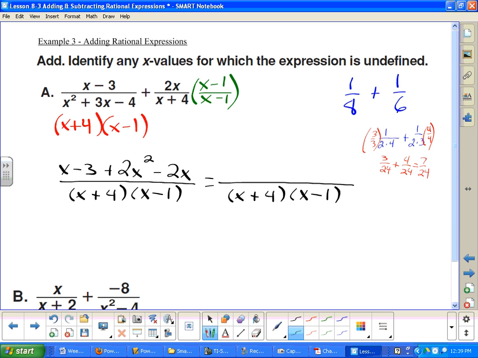Okay. So when I simplify this, remember, I want to write it in standard form too. So 2x squared, let's see, negative 2x plus x gives me a negative x, minus 3.